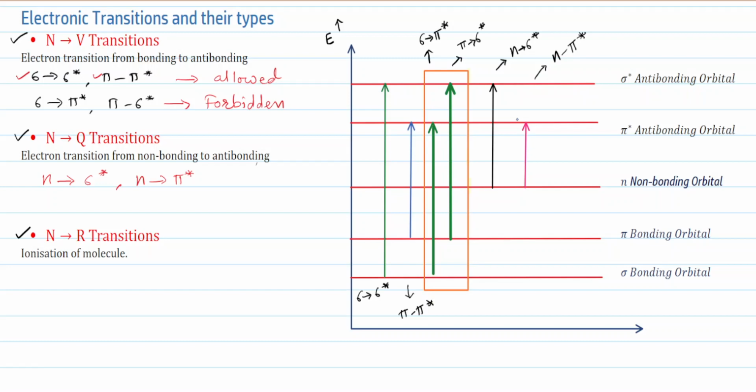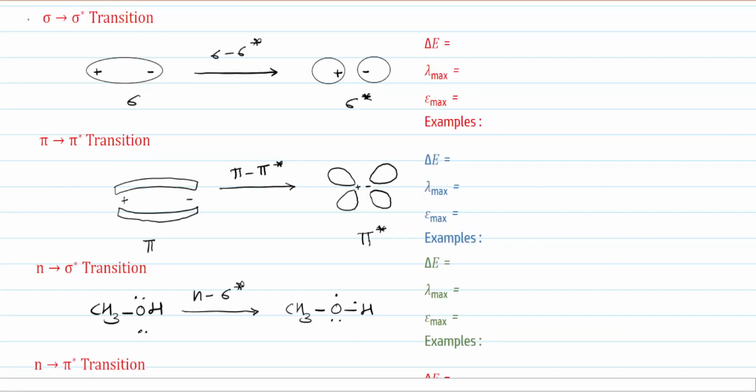So let's start with the sigma to sigma star transition. Sigma to sigma star transition is one of the n to v transitions, where the electron from the sigma bonding orbital is promoted to the sigma star anti-bonding orbital.